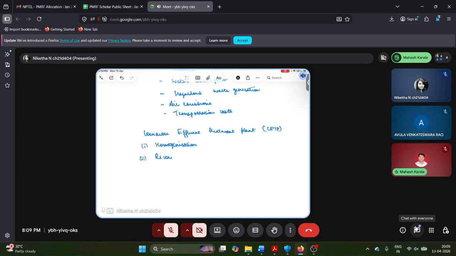And also to recover and recycle valuable materials, and to ensure compliance with environmental regulations.